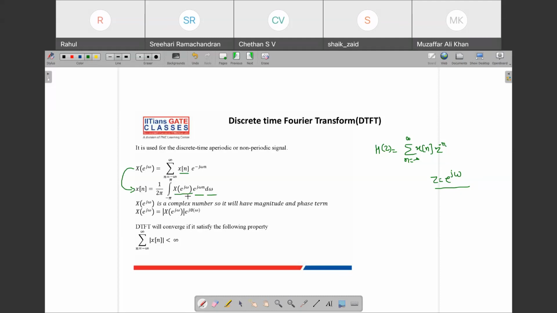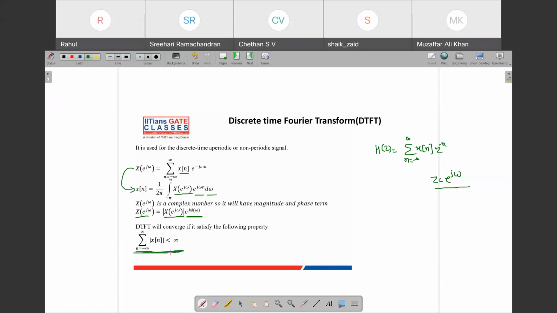So this can be written as a magnitude term and a phase term. And just like before, we have the criterion for the DTFT to converge. The DTFT will converge if it satisfies this property. If any signal satisfies this property, then its DTFT is going to converge.